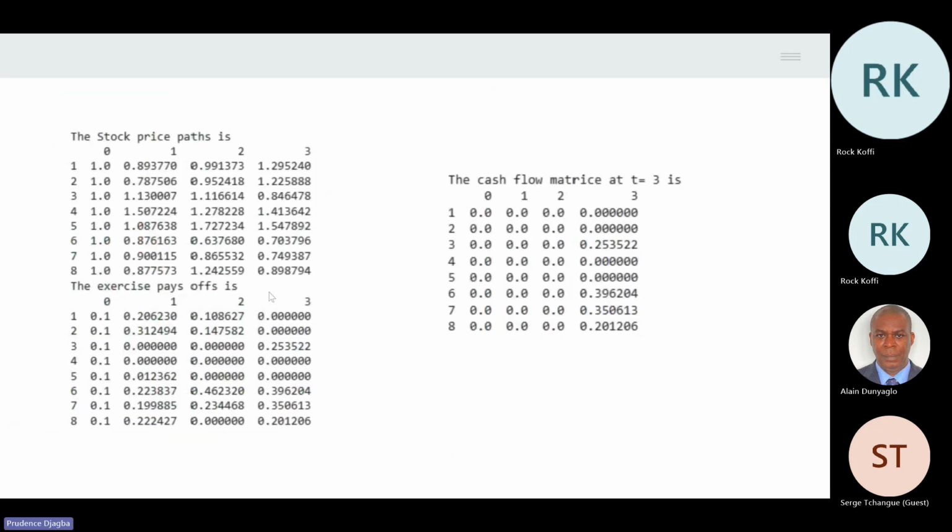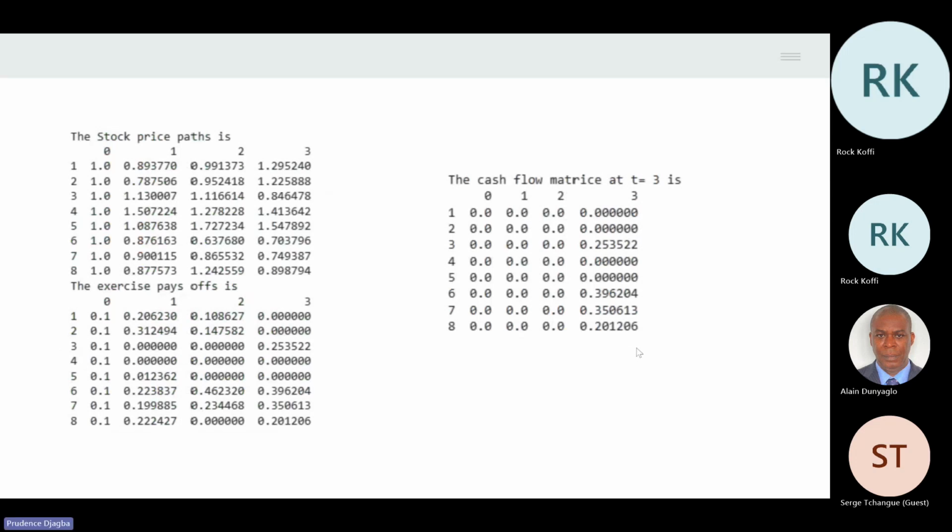So we evaluated the payoff at time 3, which is those values that we got. The cash flow at time t equal to 3, we set the column t equal to 3 with these vectors. And if it was a European option, we just take the average of these columns.